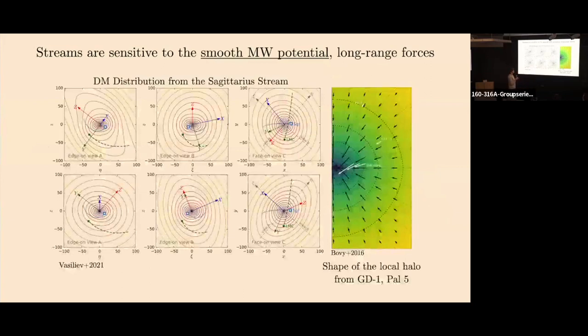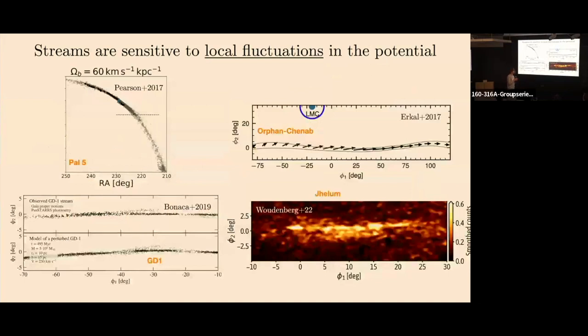Right, so streams are very sensitive to the smooth distribution of dark matter in the Milky Way. That's been studied extensively. Lately, there's been a lot of focus on the local fluctuations in the potential, and these don't have to be dark matter subhalos. We see asymmetric tails in Pal 5, that could be due to the bar. GD-1 we just saw in the last talk, possibly subhalos explaining these gaps and bifurcations.